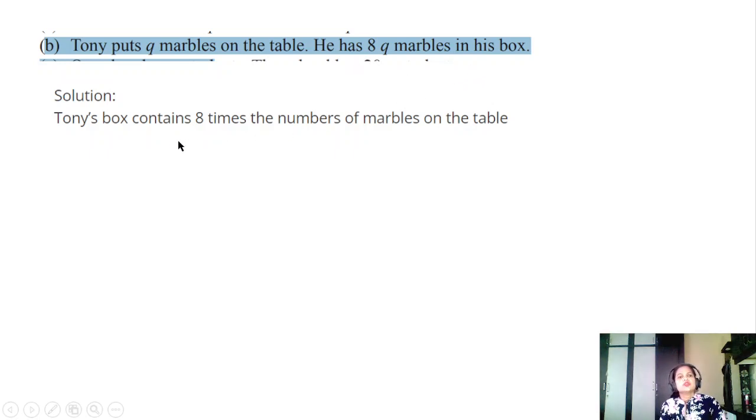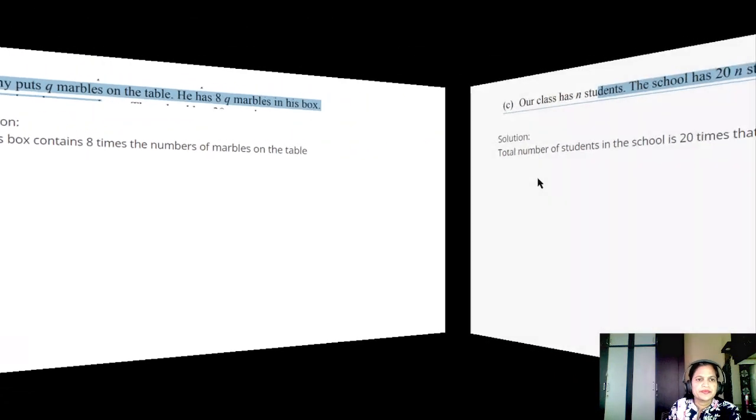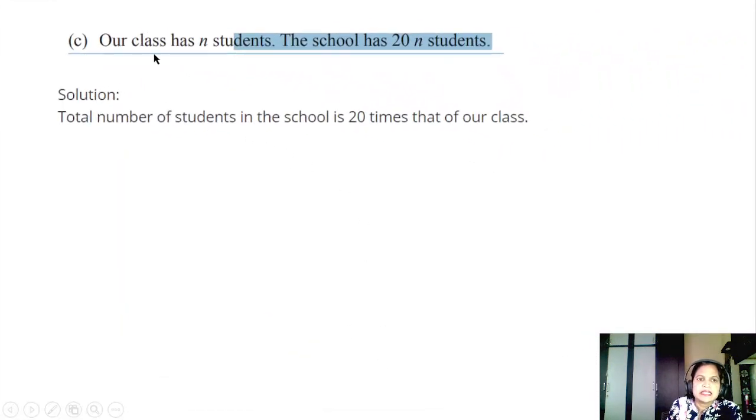Okay, Tony's box contains 8 times the number of marbles on the table. This is a statement you can give. Then C. Our class has n students. The school has 20n students. The total number of students in the school is 20 times that of our class. This is how you can make the sentence.